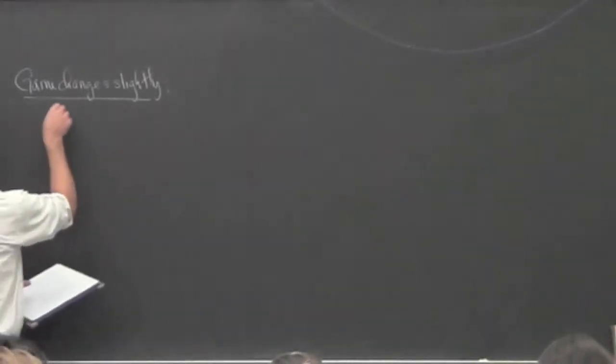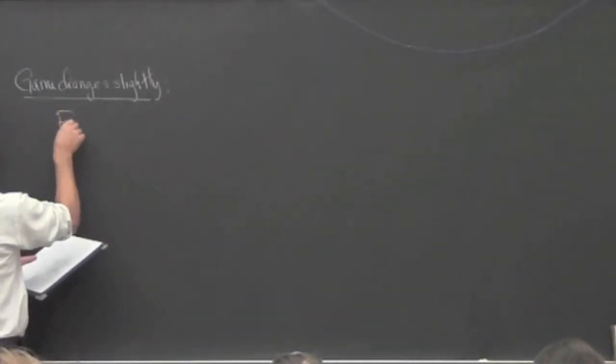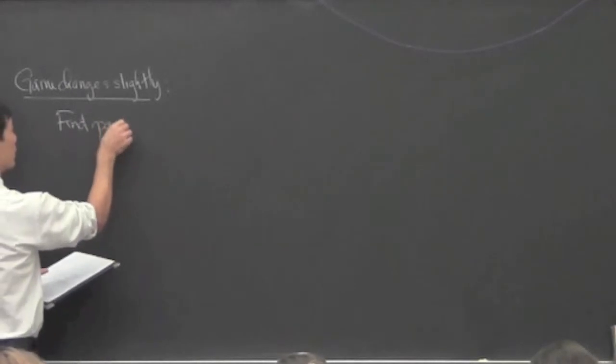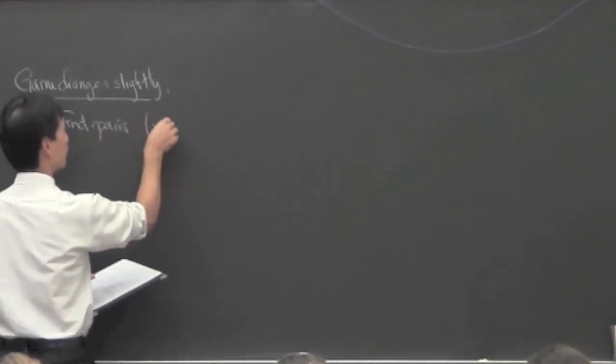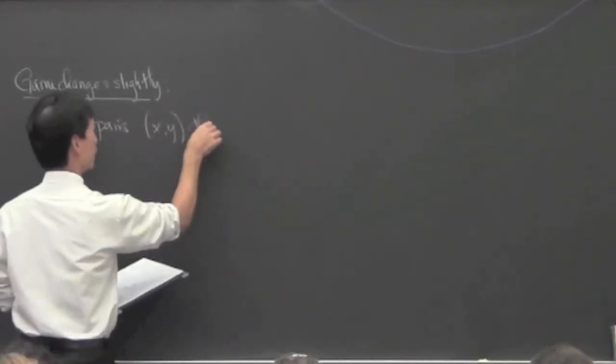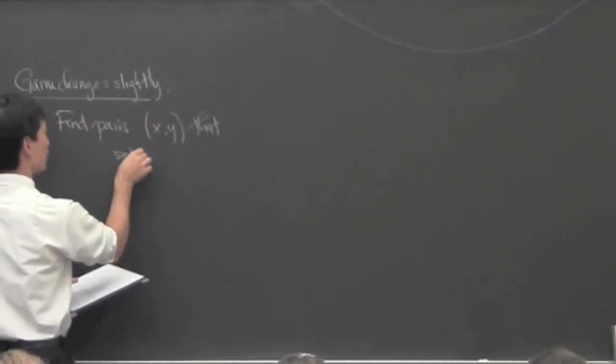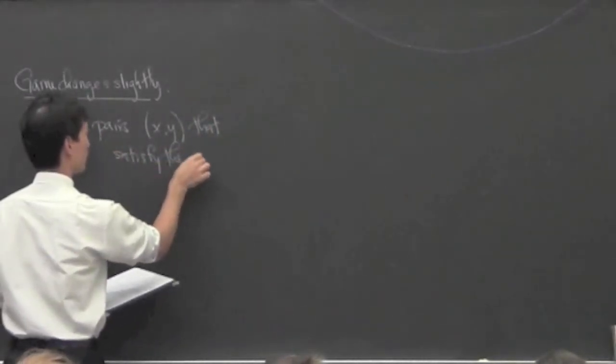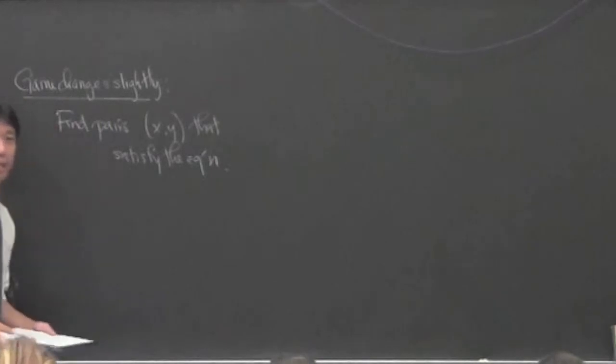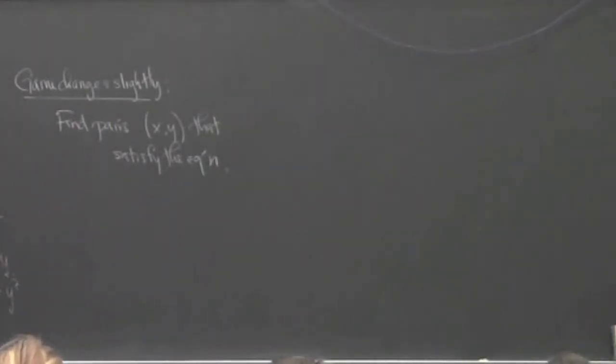The game is now defined by pairs of points x and y that satisfy the equation. The solution set is now collections of pairs of points. Basically this is just a list. The solution is going to be some list.